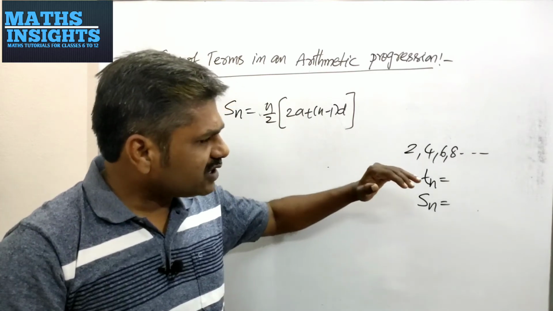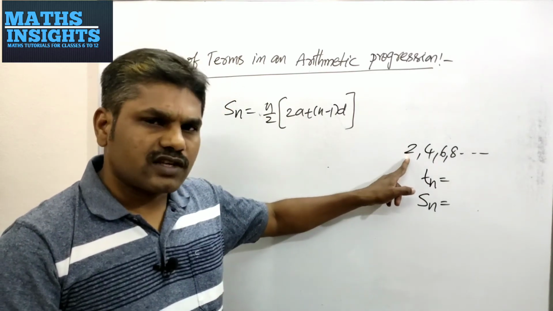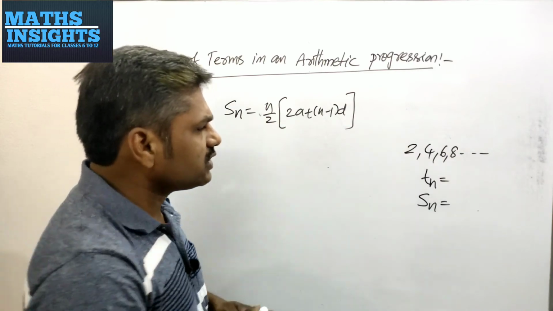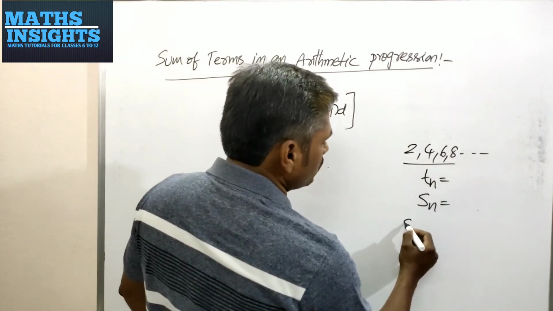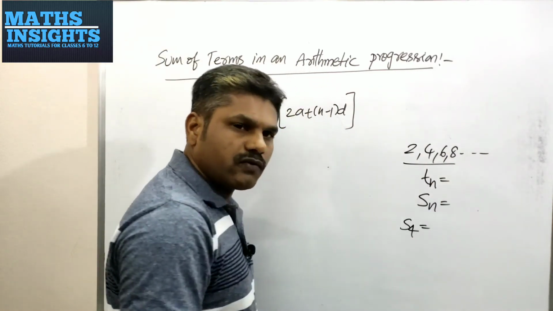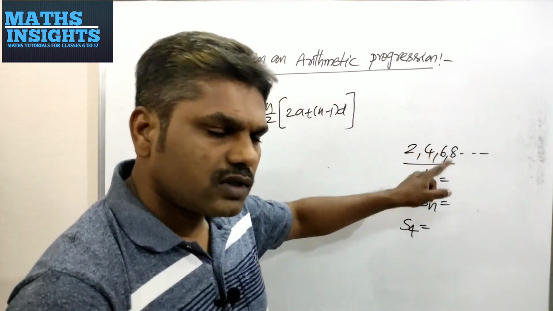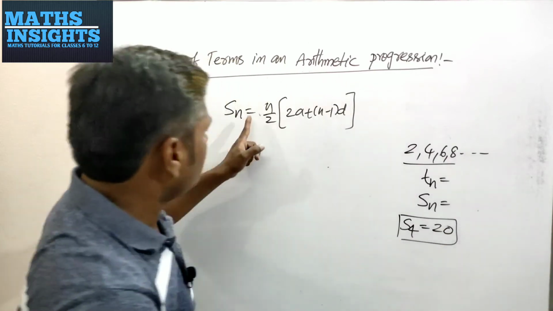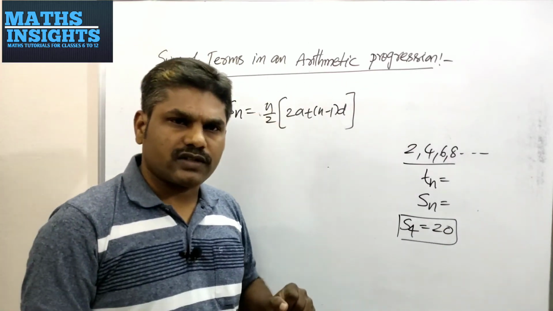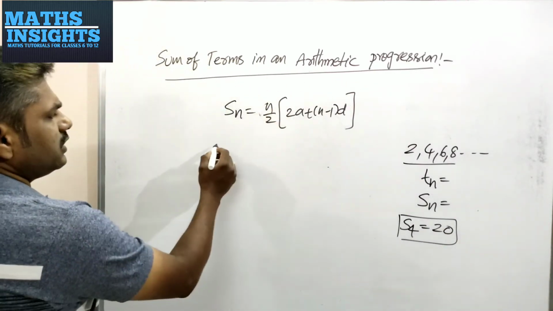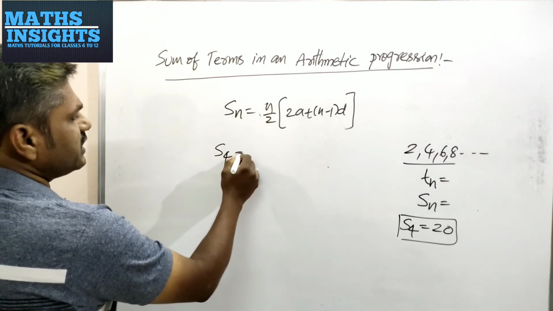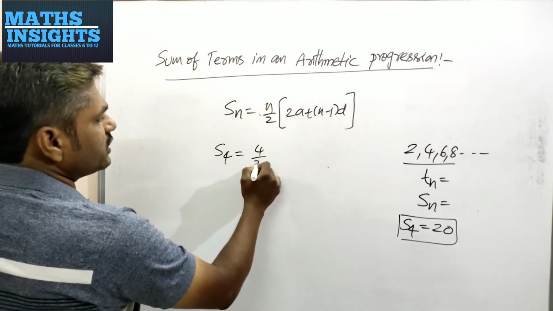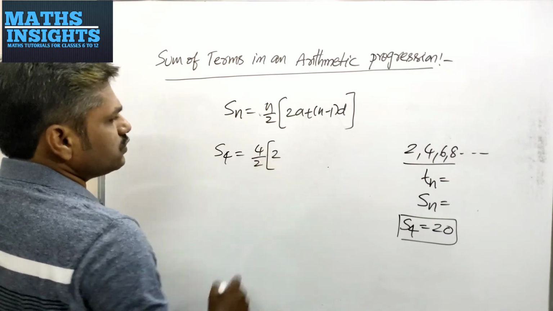For example, in this case, I will find S4. S4 is the sum of the first 4 terms, and you know that is 20. By using this formula, I will get the same answer. Therefore, for S4, n is equal to 4. 4 by 2 into 2 into a.